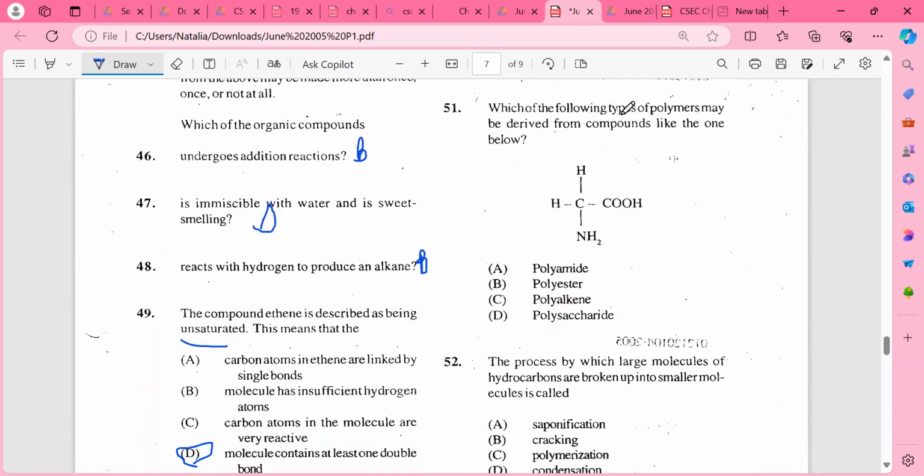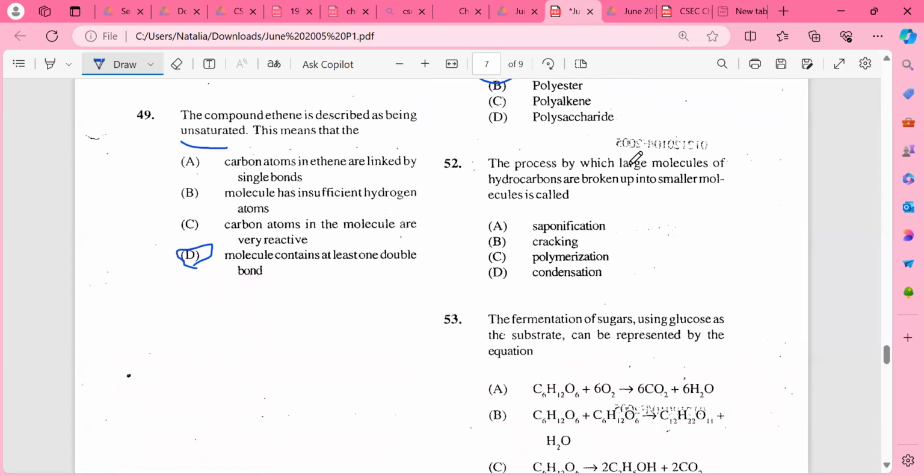Which of the following types of polymer may be derived from this compound? So here we have an amino acid. Amino acid is used to form polypeptide. The process in which large molecules of hydrocarbons are broken into smaller molecules is called cracking.